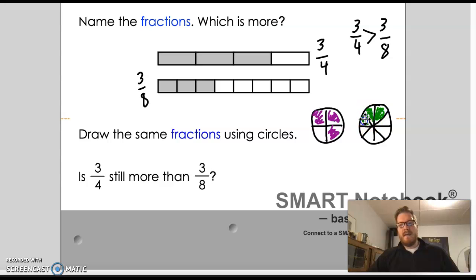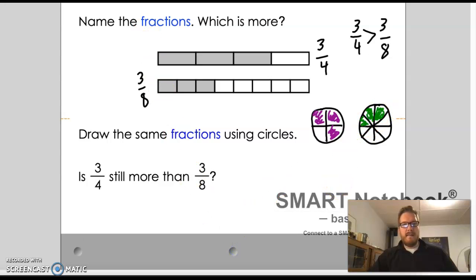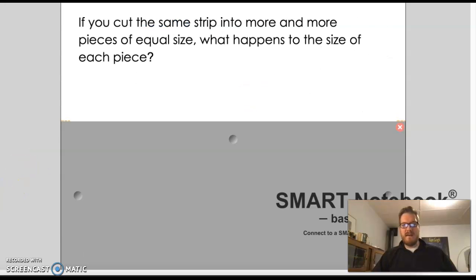And we can see also using circles that this fraction, which is 3/4, has way more colored in than 3/8. Okay? And so when we have two fractions with the same numerators, whichever one has the smaller denominator is going to be the larger of the two fractions, interestingly enough.